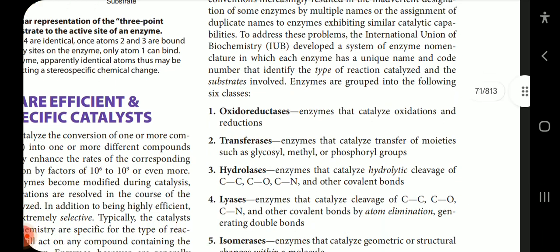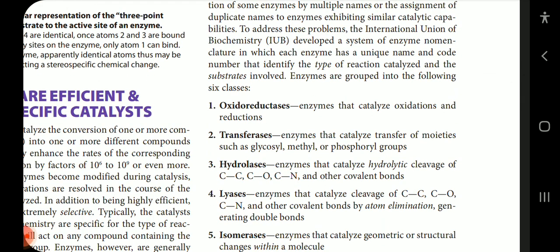To address these problems, the International Union of Biochemistry (IUB) developed a system of enzyme nomenclature in which each enzyme has a unique name and code number that identify the type of reaction catalyzed and substrates involved.